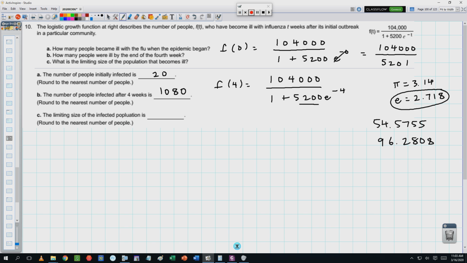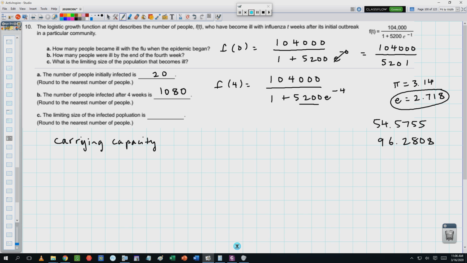The limiting size of the population is letter C, the limiting size. Okay, I've never heard it called the limiting size before. I've always heard it called the carrying capacity.